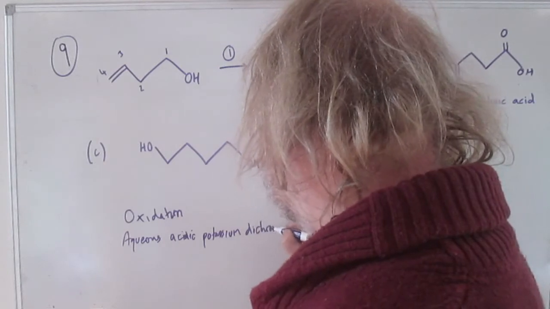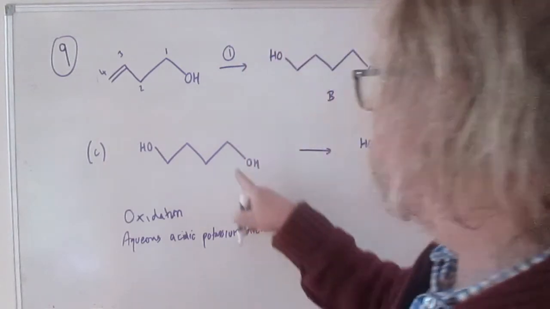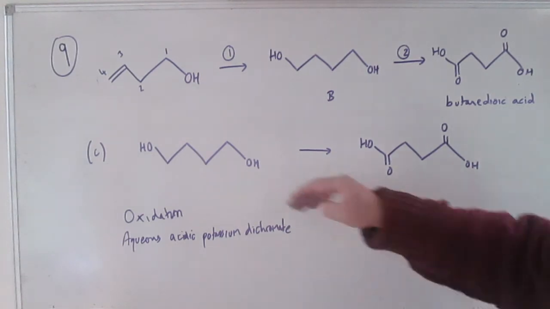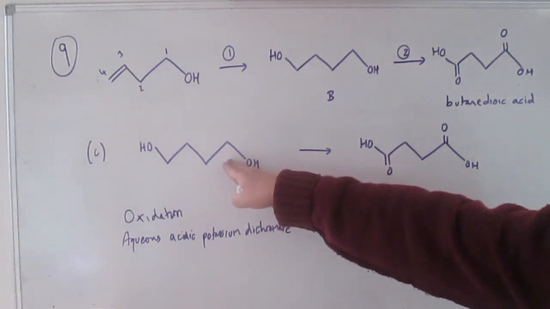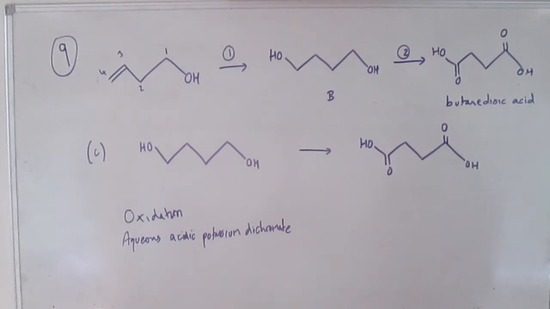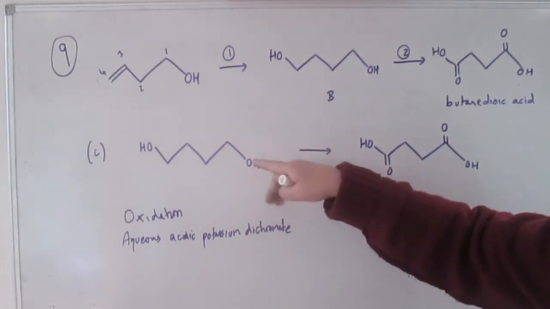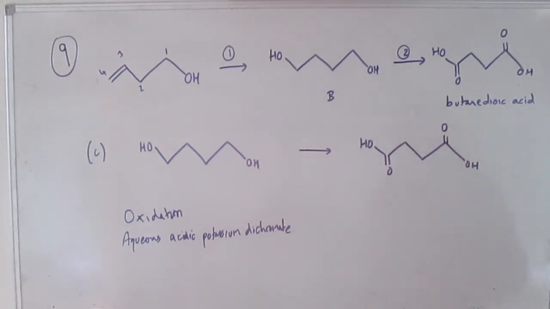And because it's a primary alcohol being oxidized to a carboxylic acid, we have to be very careful about the conditions. It's not enough just to say heat, because remember that primary alcohol has two possible oxidation products. It could be an aldehyde, where that just changes into a double bond, or if you oxidize further, you could get the carboxylic acid. And we want to make sure we go the whole way through to the carboxylic acid.